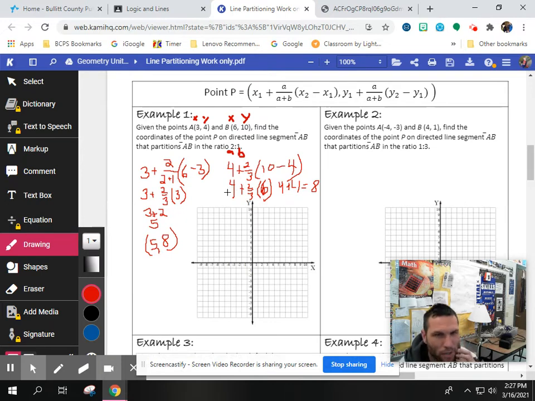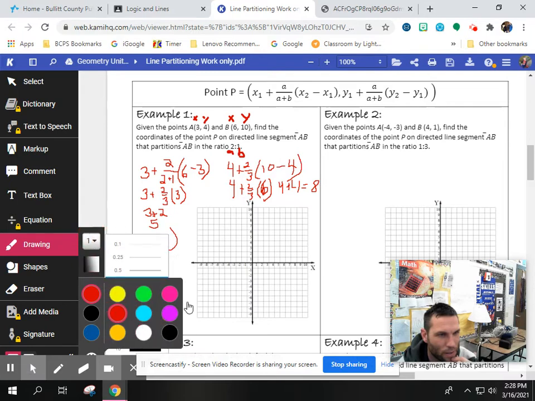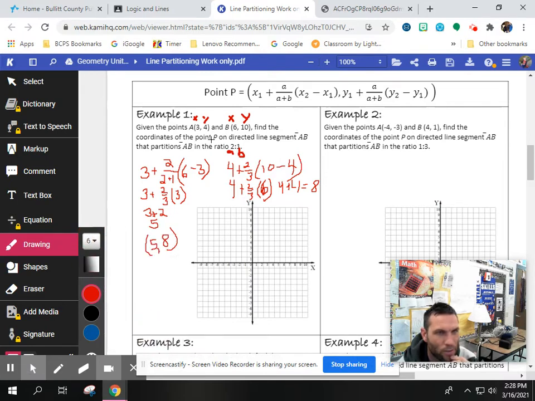If you practice, you can do this really quickly. But let's plot it and see what it looks like. The first point is 3, 4, right here, then 6, 10 is up here, and the other one is 5, 8.